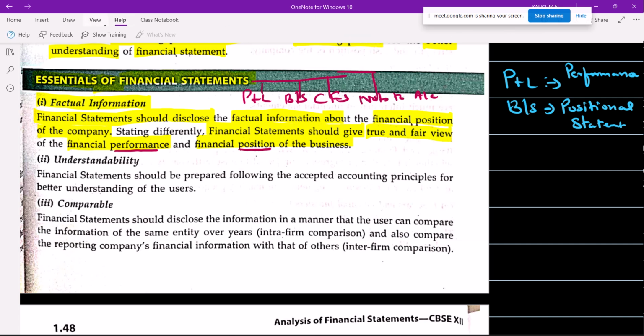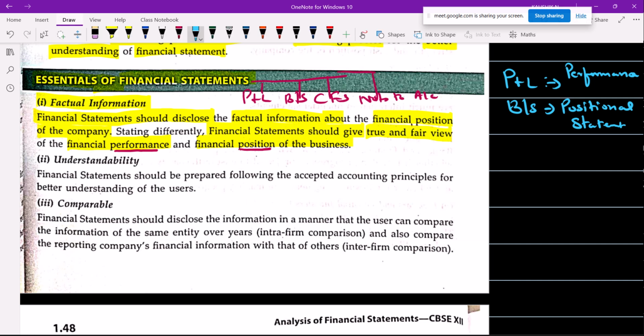Your financial statements, there are 4 different financial statements. So far we saw all 4, but we are talking about these 2. If you want to know the performance of your business, go and check your P&L account. If you want to check the financial position of your business, go and check your balance sheet.